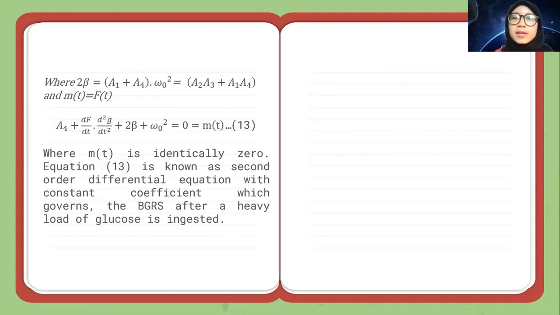Then we get equation 13, as you can see on the screen, where M(t) is identically 0. Equation 13 is known as a second order differential equation with constant coefficients, which governs the PGRS after the heavy load of glucose is in this state.